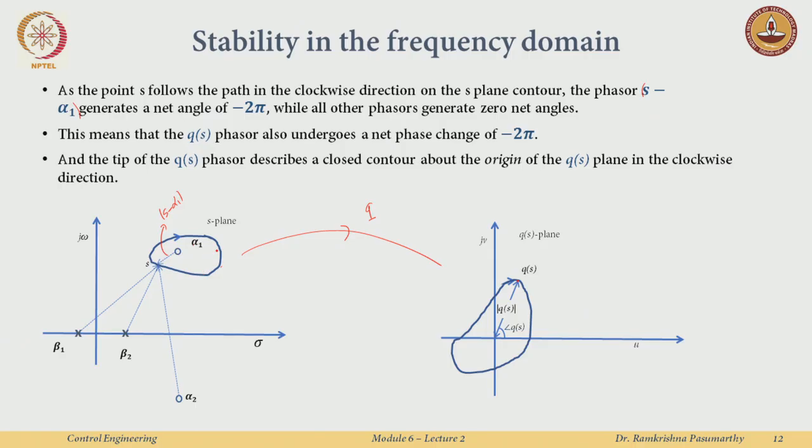I see that this also generates a closed curve in the clockwise direction, and I can measure this phasor and the angle from the alpha 1s, beta 1s and beta 2s. Not only that, if I am encircling a zero here, I will encircle the origin here. That is because when S equals alpha 1, Q of S maps to the origin.